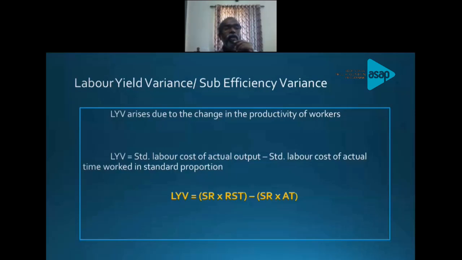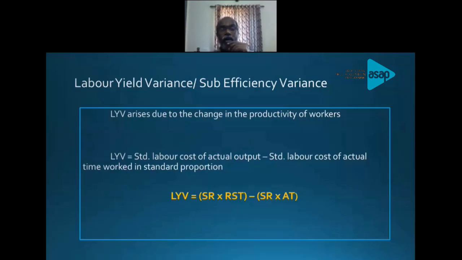So labor yield variance is equal to standard labor cost of actual output reduced by standard labor cost of actual time worked in standard proportion. Standard labor cost of actual output minus standard labor cost of actual time worked in standard proportion.